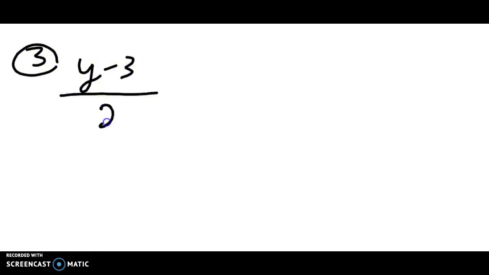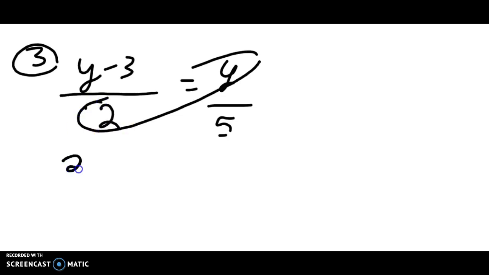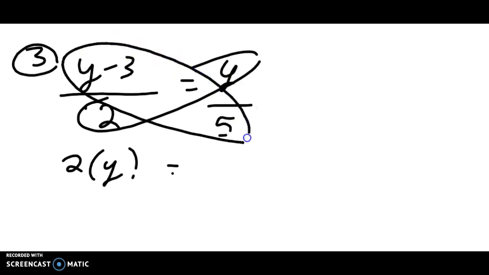Number 3. y minus 3 over 2 equals y over 5, or y divided by 5, right? So I'm going to say this is 2 times y equals 5 times y minus 3.